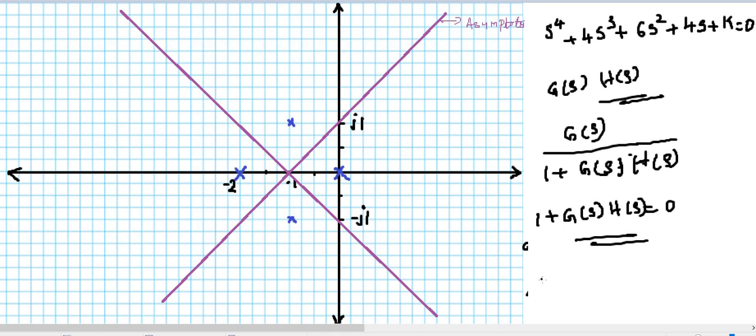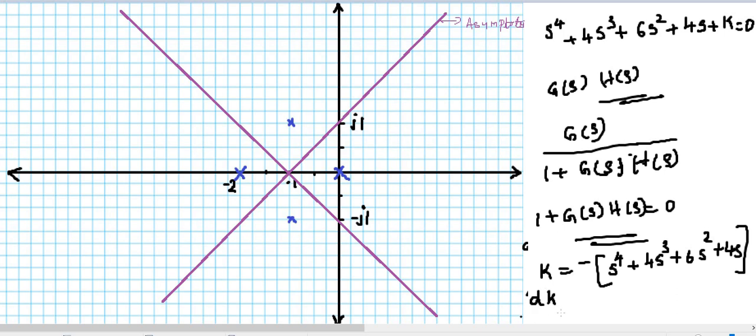Now we have to write an expression for K from that. So K will be equal to minus of s raised to 4 plus 4s cube plus 6s square plus 4s. Then in order to find whether there is any breakaway point or break-in point, first we have to find the first derivative of this K with respect to s, that is dK/ds equal to 0.